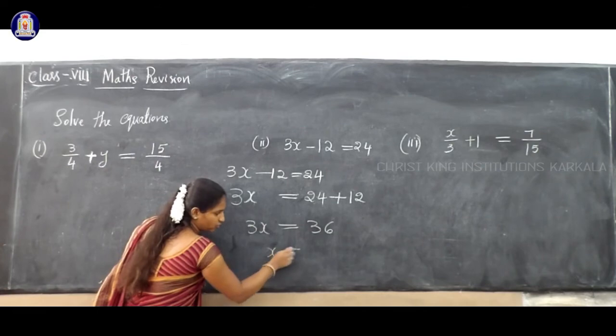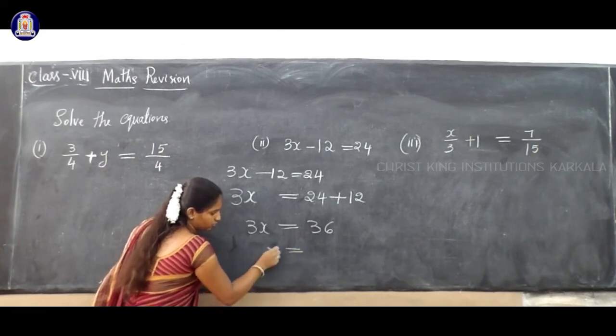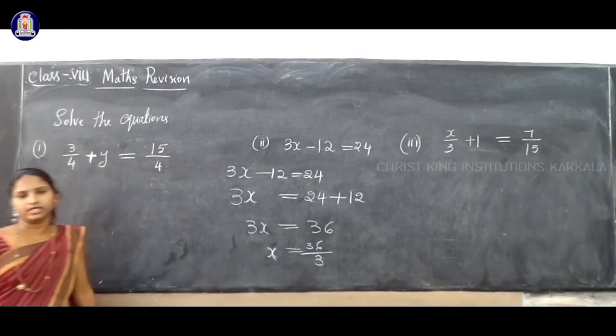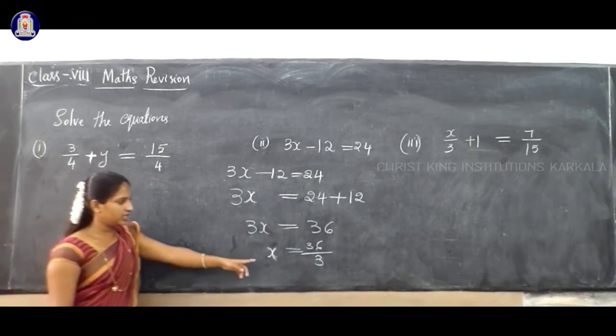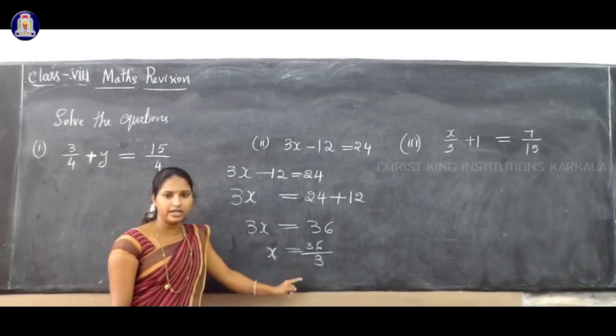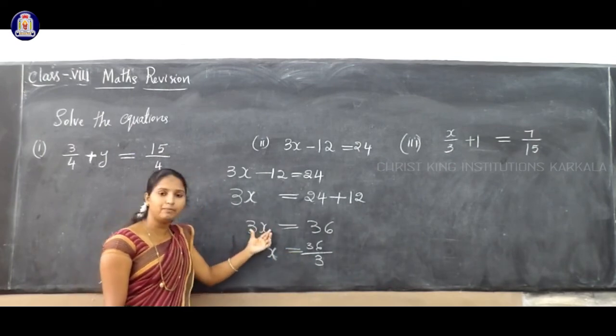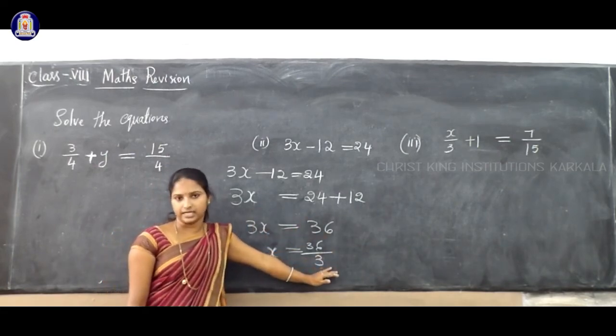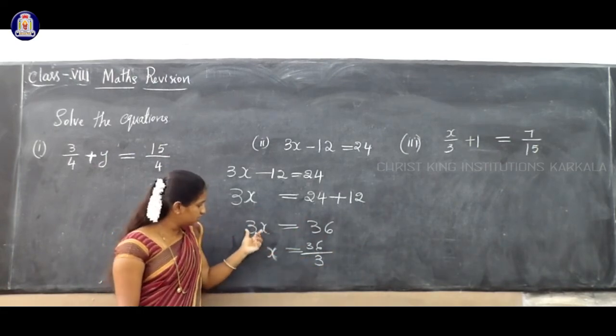Therefore x is equal to what? x is equal to 36 divided by 3. 3 divides 36, isn't it? Why have I written 36 by 3? Because 3 is multiplied here, so it will divide the right hand side. Clear? This is 3 into x.